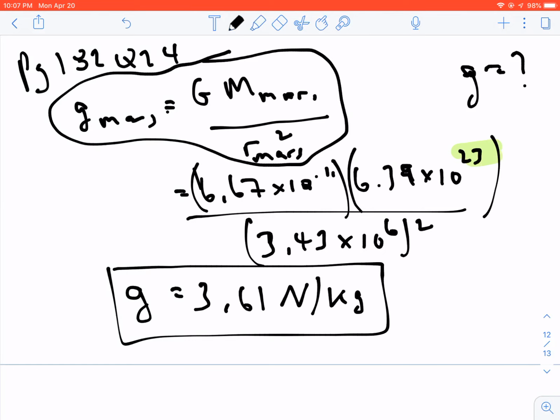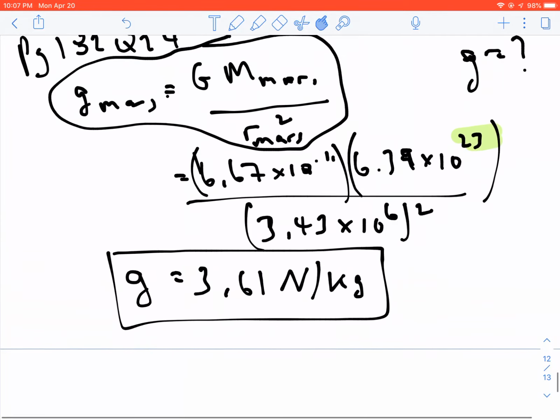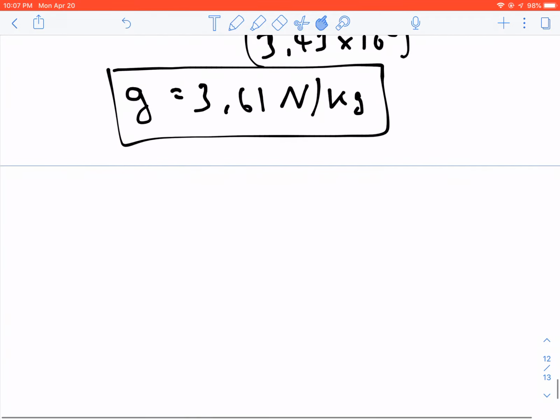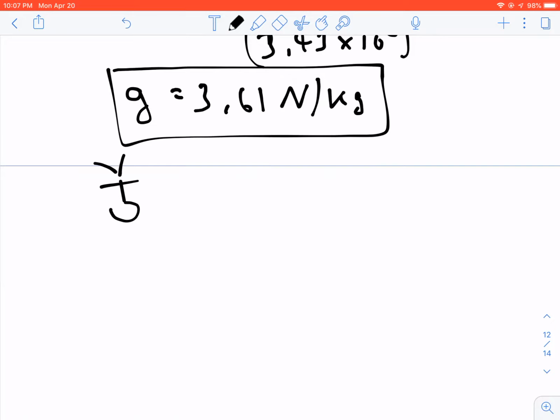Now, I want to actually take that answer, which is in newtons per kilogram, and say, well, hang on, I thought little g was measured in meters per second squared, because if we look at our equation for an object that's in free fall, again, we were talking about the parachutist who was going down yesterday, and I said the only force acting on the parachutist is Fg. If that's the only force, then that's equal to F net.